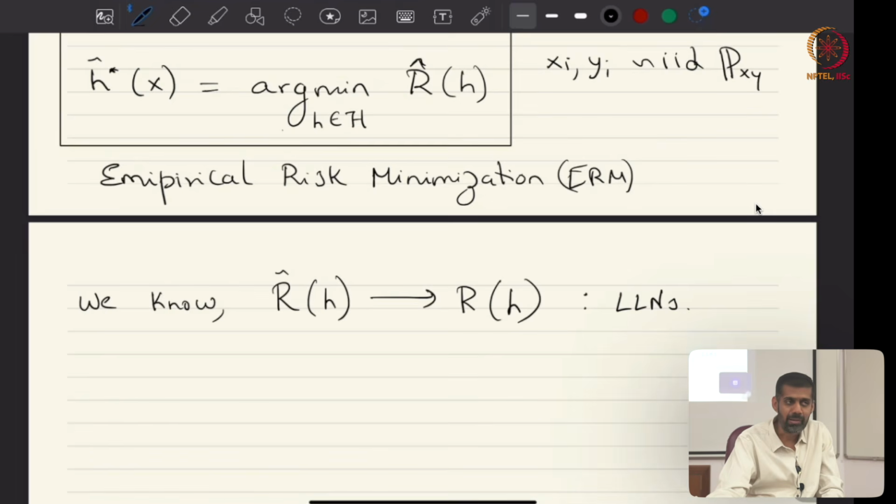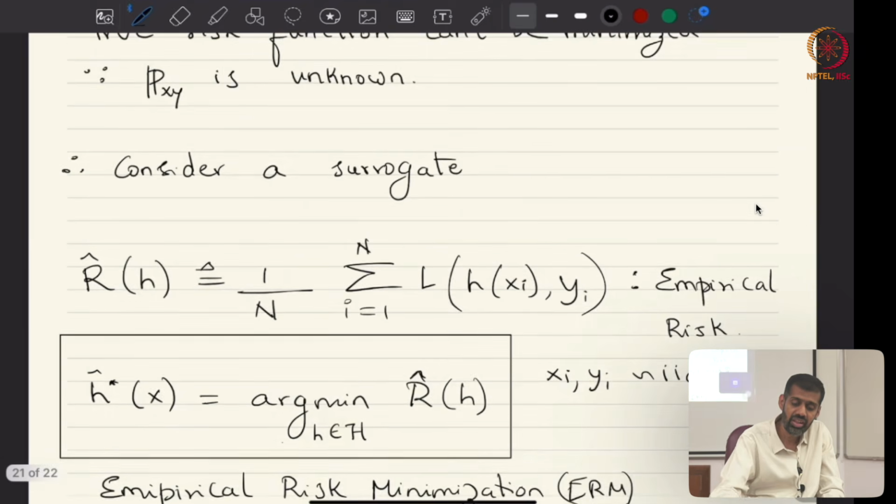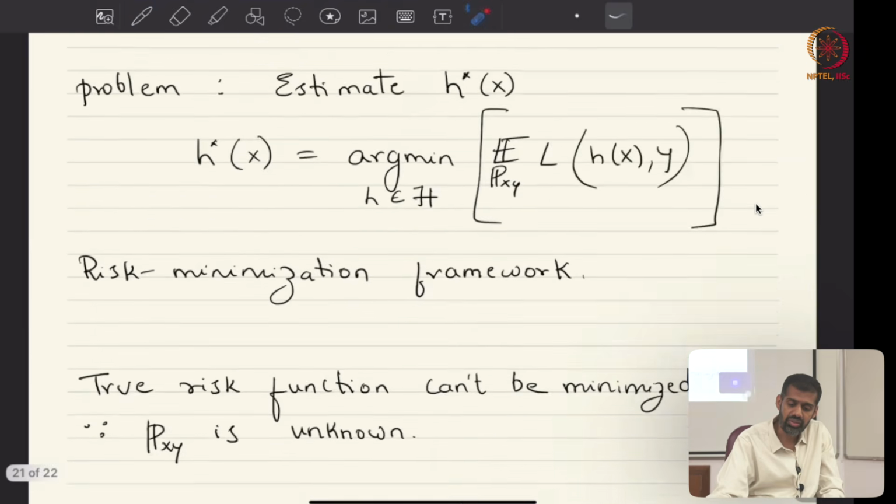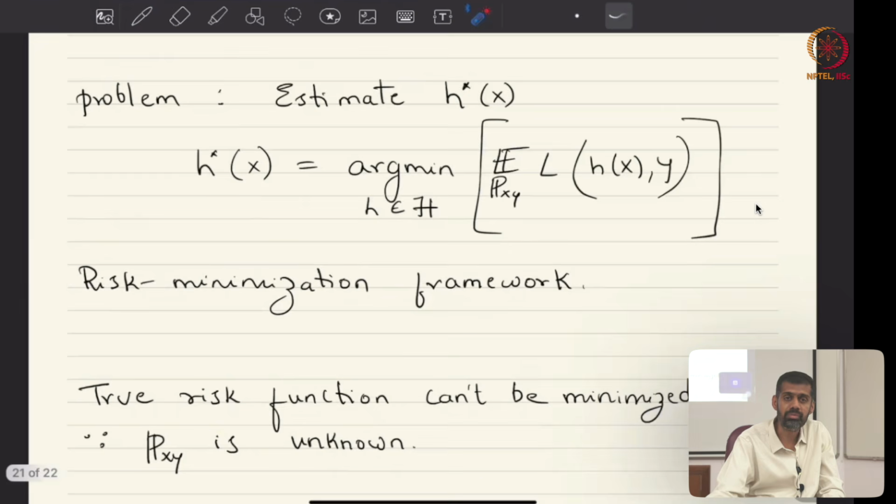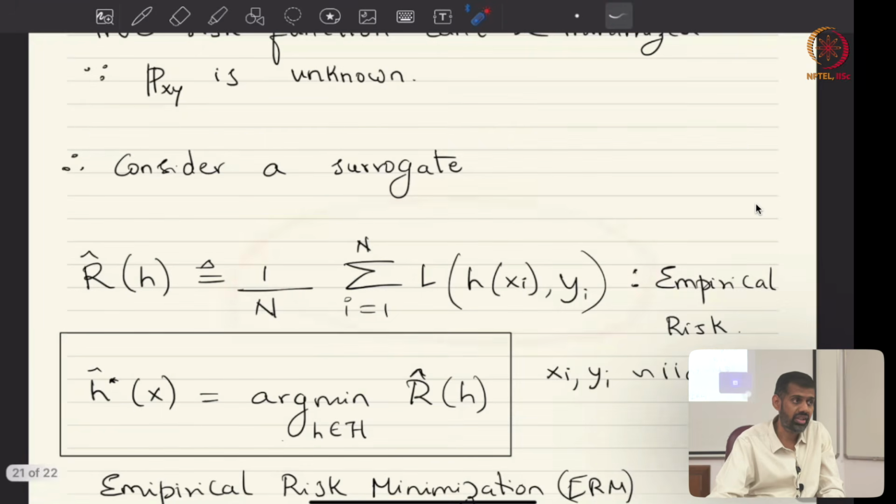But this is not important. What is this saying? I have to solve an optimization problem over some objective function, but I cannot compute this objective function. So I am considering a surrogate objective function, and theory is telling me that it converges to the true objective function if I have infinite samples.